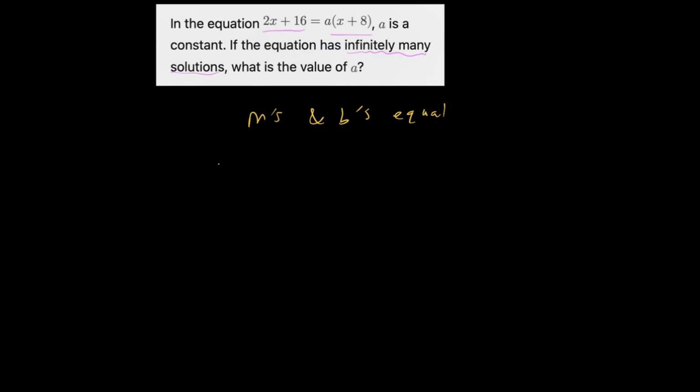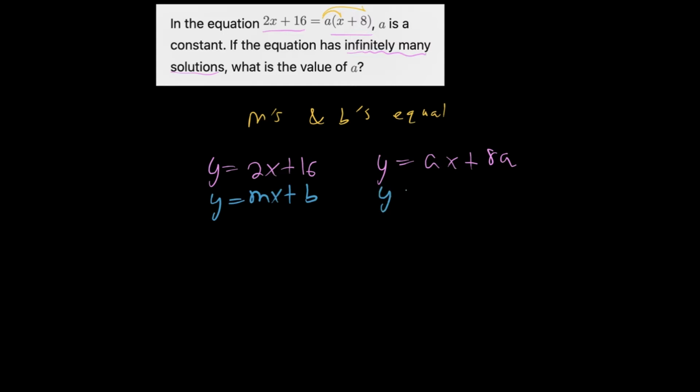So let's represent this as two separate equations. Y is 2x plus 16, and y is ax plus 8a. So I took the liberty of distributing here because that had to be done anyway. But now both of these are in y equals mx plus b format because the part that has the x, that's your slope.